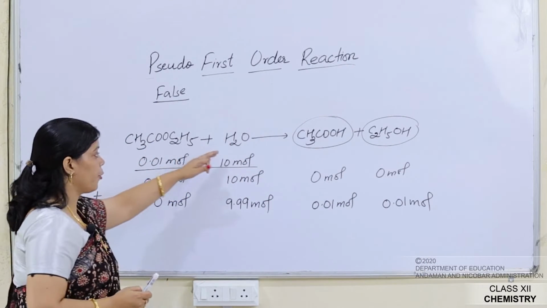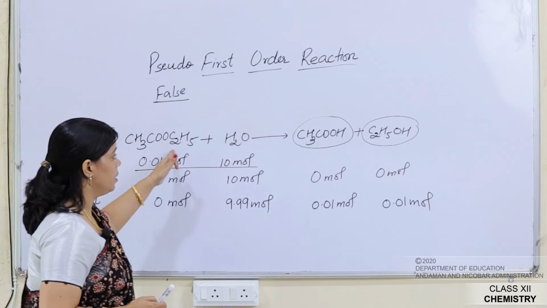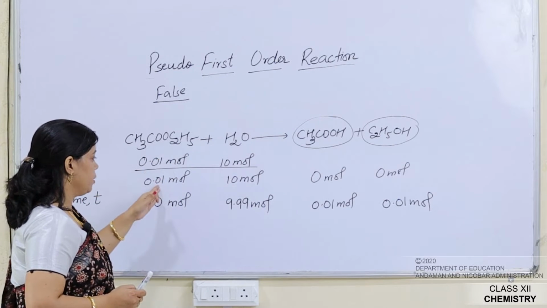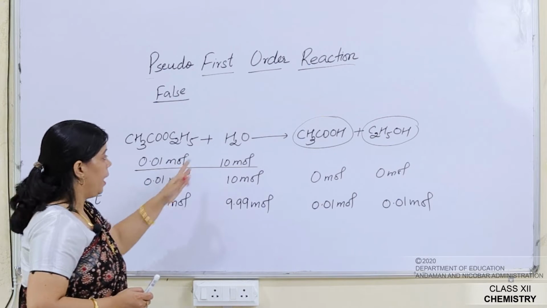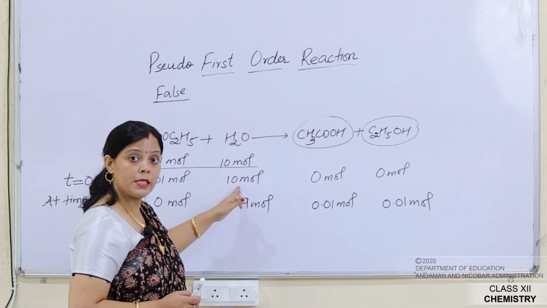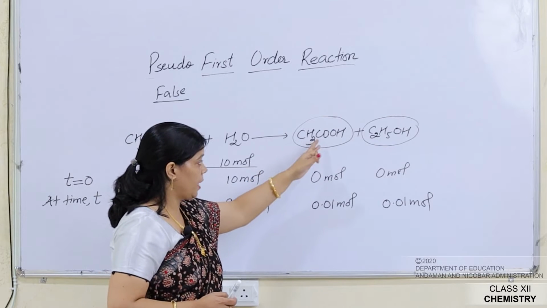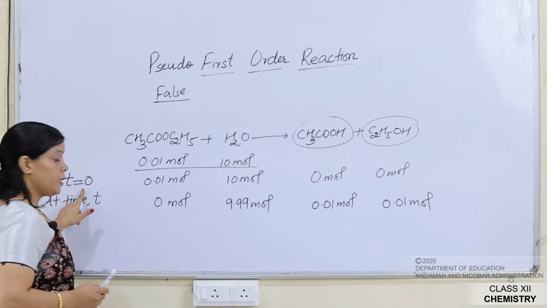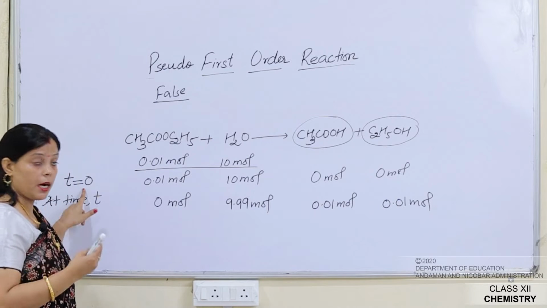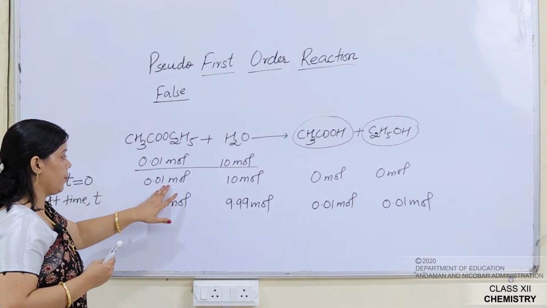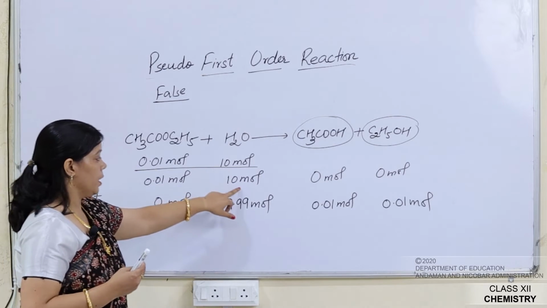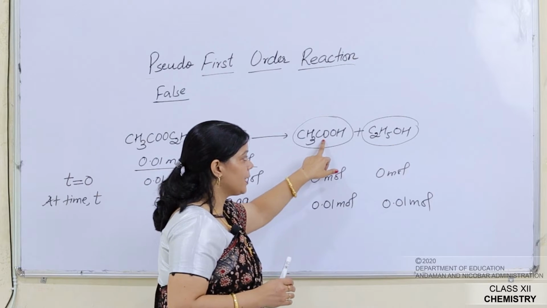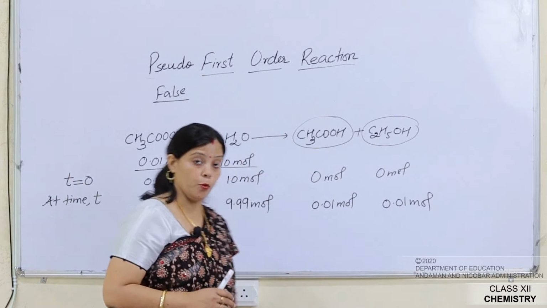So during this hydrolysis of ethyl acetate with water, first we take the concentration of ethyl acetate as 0.01 mole, and the concentration of water is 10 mole, and after that it forms the product, that is acetic acid and ethanol. At t equal to 0, when the reaction is starting, the concentration of ethyl acetate remains the same, that is 0.01 mole, the concentration of water is 10 mole, whereas the concentration of acetic acid and ethanol is 0 mole.